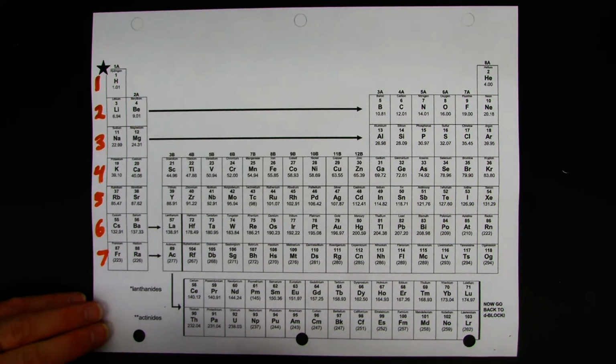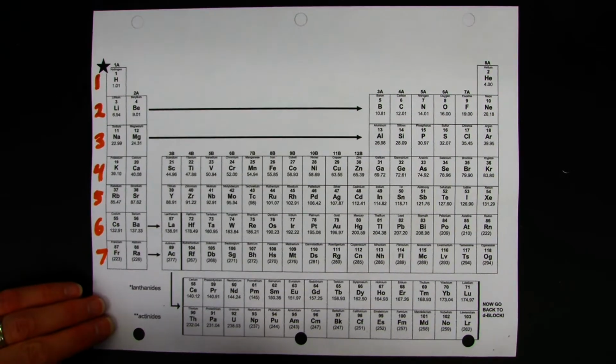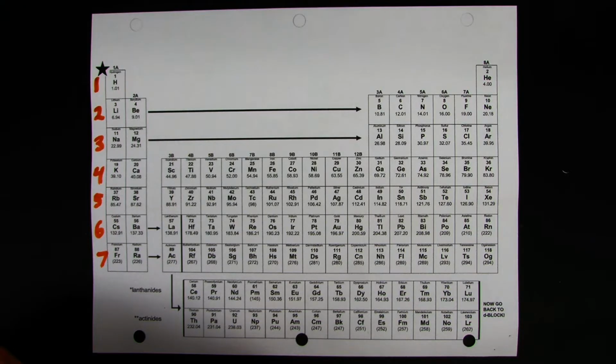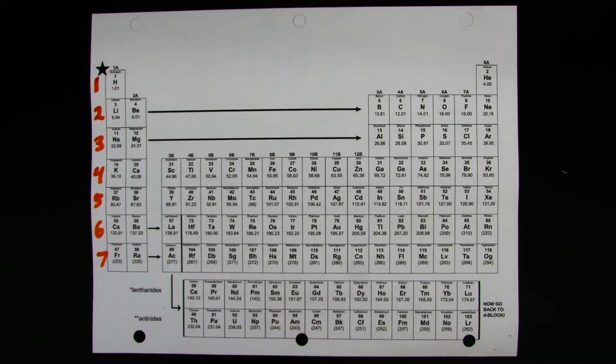Okay, so we've got those periods, the rows, numbered. Next, we have to block out certain parts of our periodic table so that we can recognize them as different parts. You can see that they're different right away, but we're going to highlight the different parts of the periodic table.